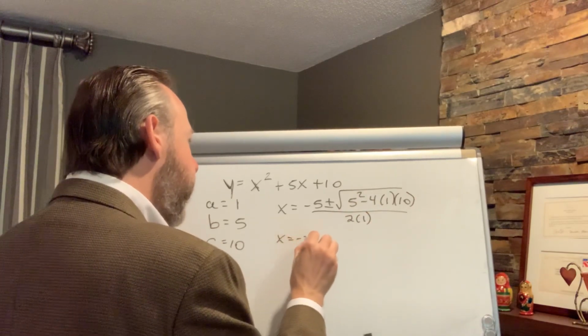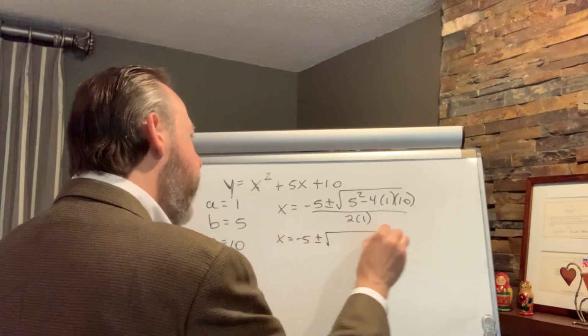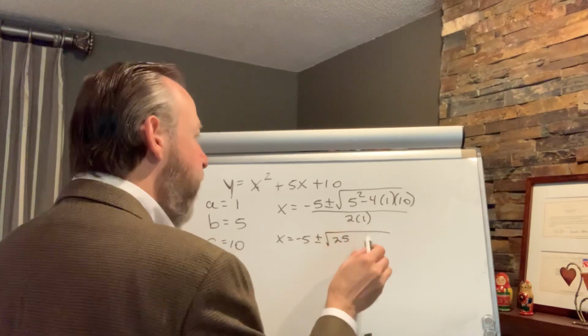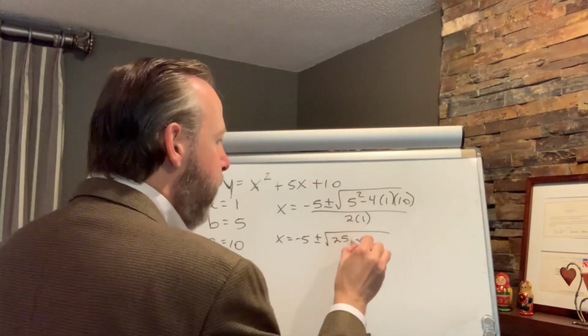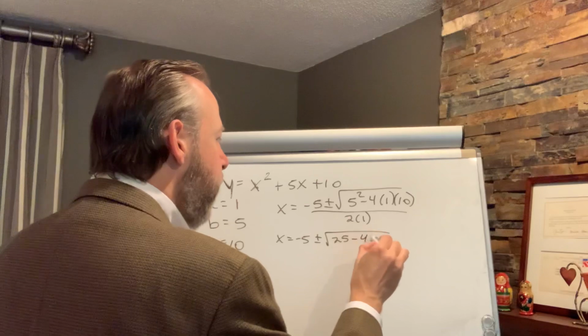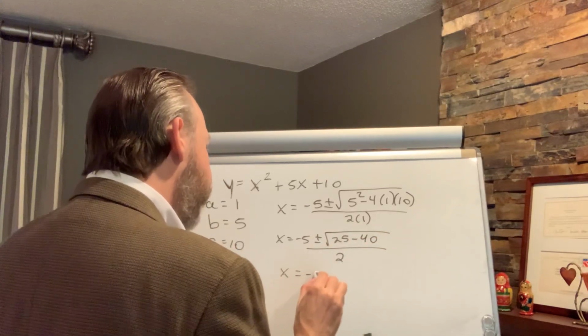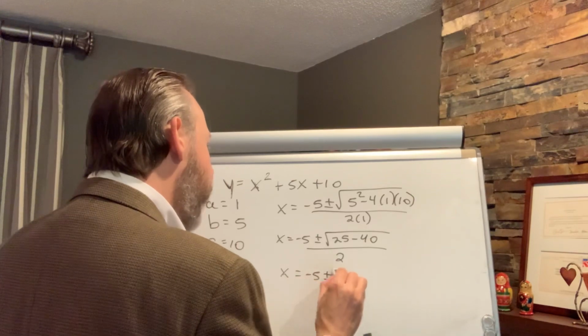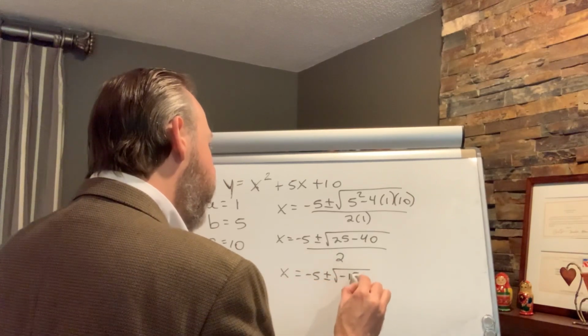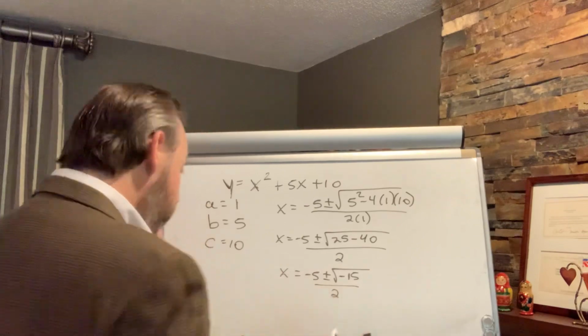So x equals negative 5 plus or minus the square root of 25, that's 5 squared, minus 4 times 1 times 10 is 40, all over 2. x equals -5 plus or minus the square root of -15 all over 2.